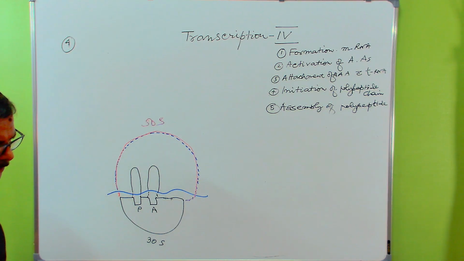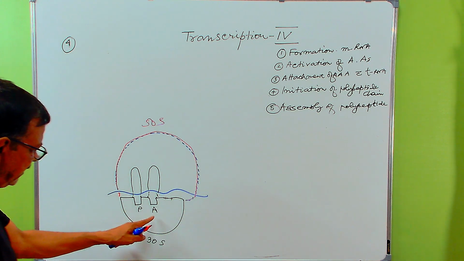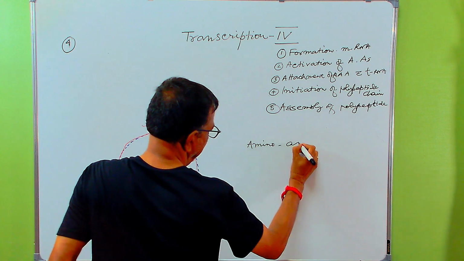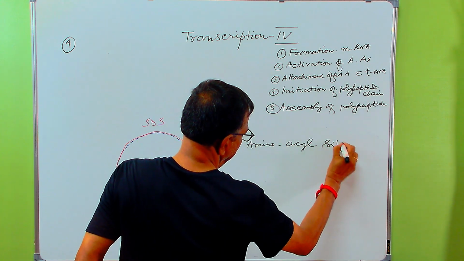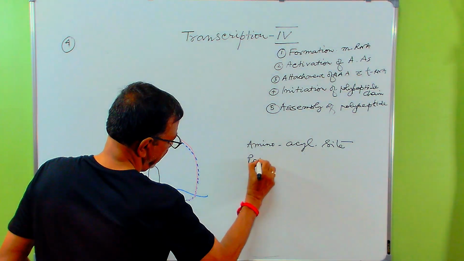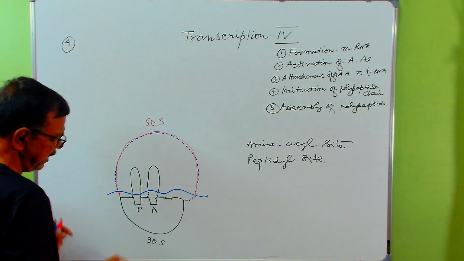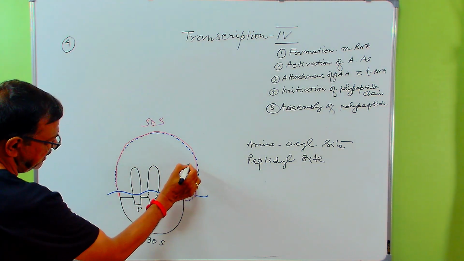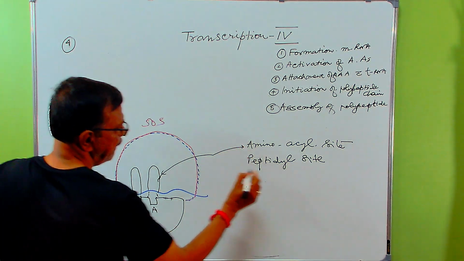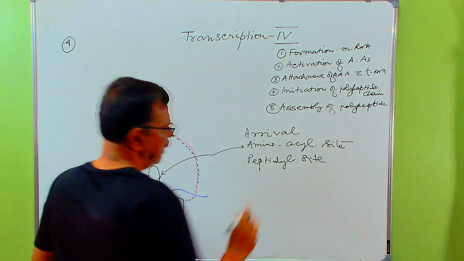This is the amino acid site, known as the amino acid or A site. And the P site is known as the peptidyl site. But we will call this A site the arrival site.